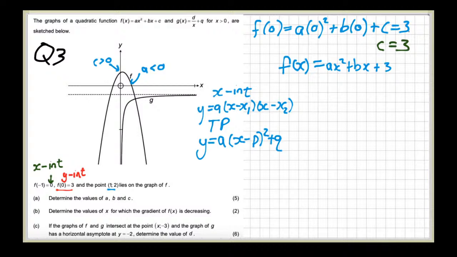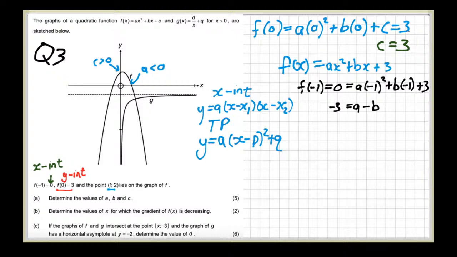Now what I need to do is look at the other coordinates. I'm going to go to the x-intercept because maybe something else disappears. So f of negative 1 is 0, which means if I substitute negative 1 in, a times negative 1 squared plus b times negative 1 plus 3 is 0. So I have a minus b, and I'm going to take the plus 3 over, and it becomes negative 3.